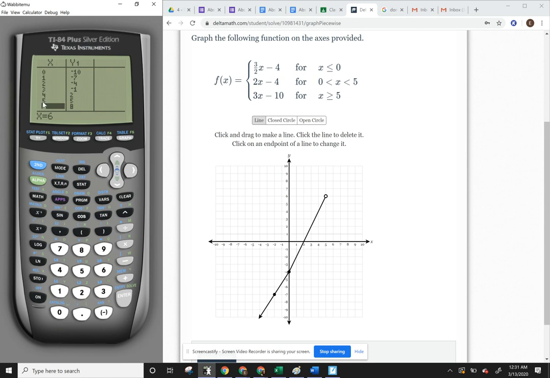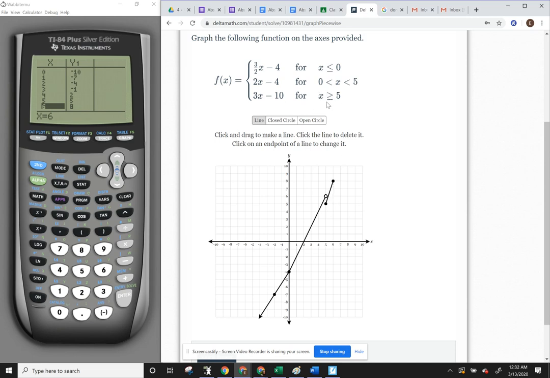So when x is 5, y is also 5, which means this last piece is going to start here. And a point next to it, when x is 6, y is 8. So we're going to go from 5, 5 to 6, 8. So here's 5, 5. I'm going to go over to 6 and up to 8.